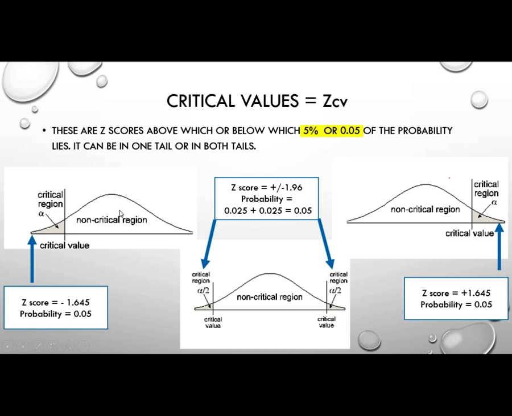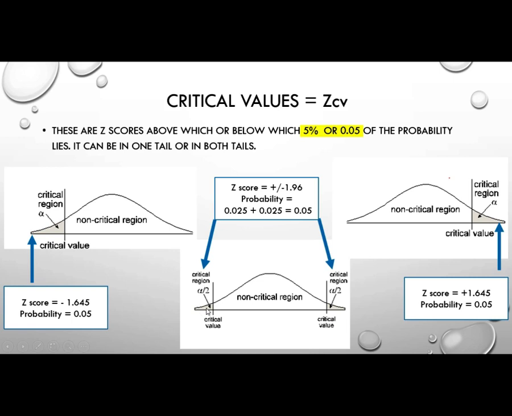We can look at probability. We can put all the probability that we care about on the left side, or we can put all the probability that we care about on the right side. When we do that, it's plus 1.645, and the probability is 0.05. Or we can have the probability in either tail.